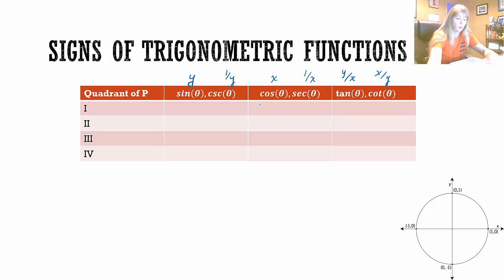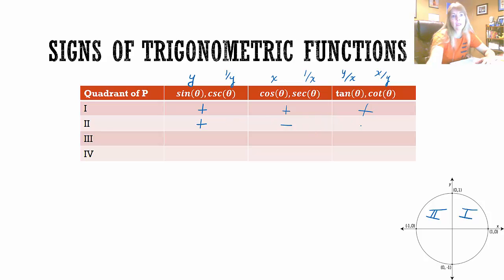If I'm in quadrant 1, then I can certainly see that my y value is positive and my x value is positive. A positive and a positive gives me a positive. If I'm over here in quadrant 2, my y value is positive, but now my x value is negative.